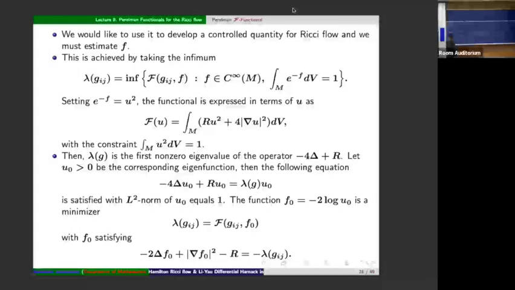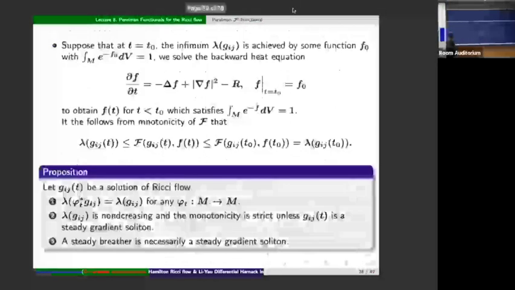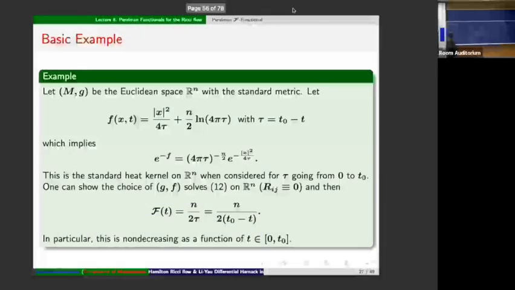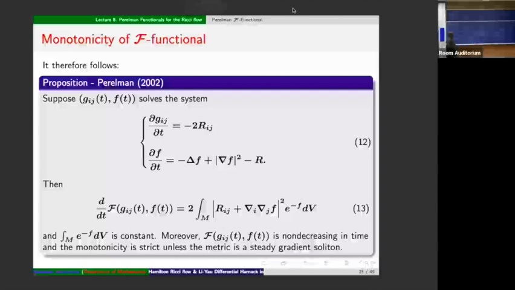Well, let's skip this. Now, this has been used to rule out steady gradient breathers. Can we rule out expanding gradient breathers?